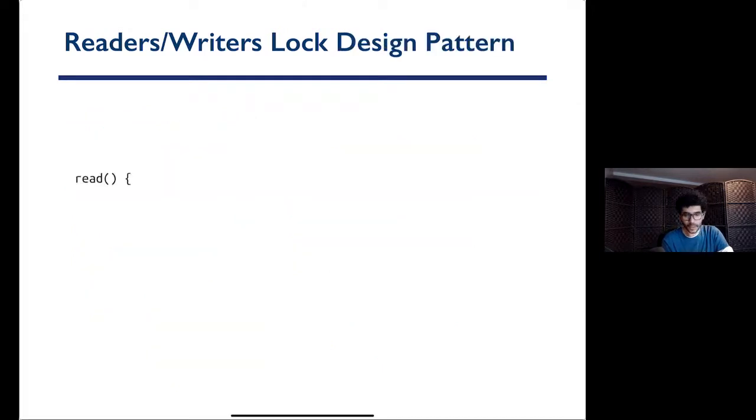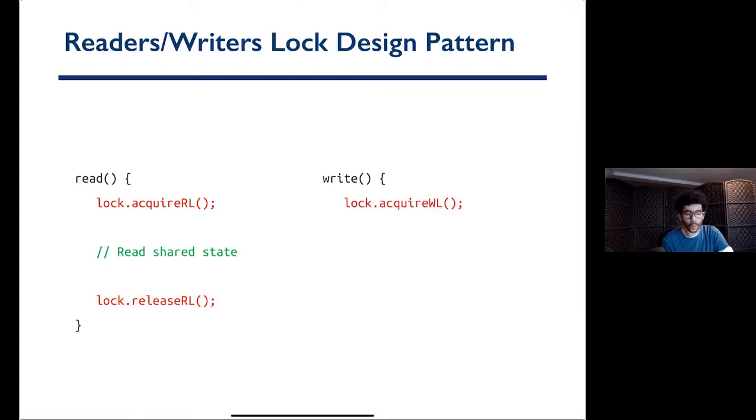Okay, let's look at how programmers are going to use our lock once we implement it and give it to them. Let's say they want to write a function that reads from the database. They're going to acquire this lock as a reader, read the database, release the lock and get out. If they want to write a thread that is going to write to the database, they are going to acquire the write lock, write to the database, and release it.